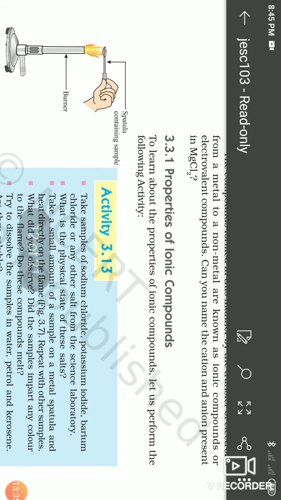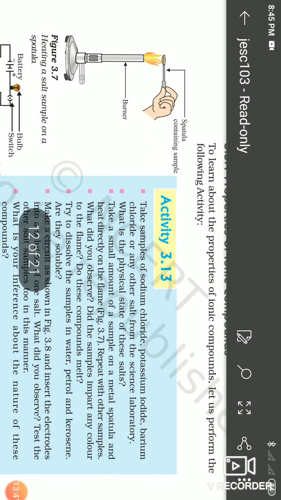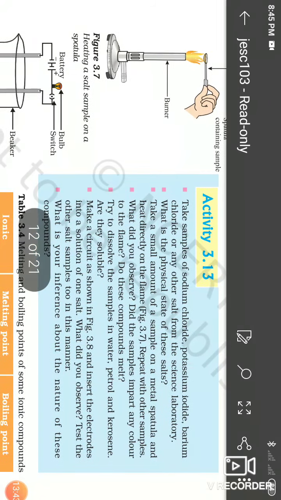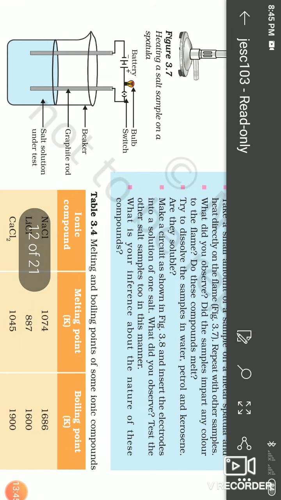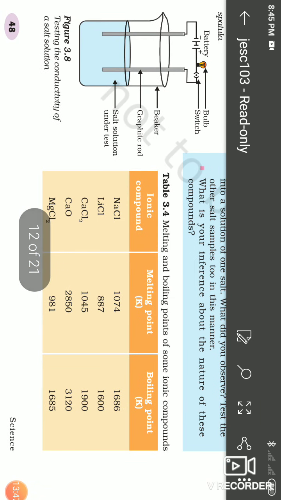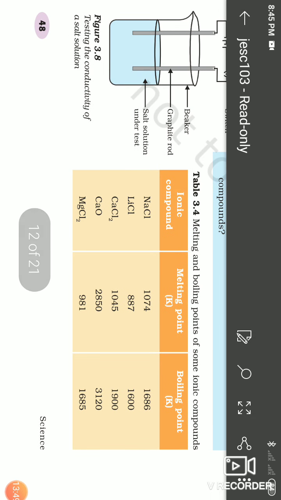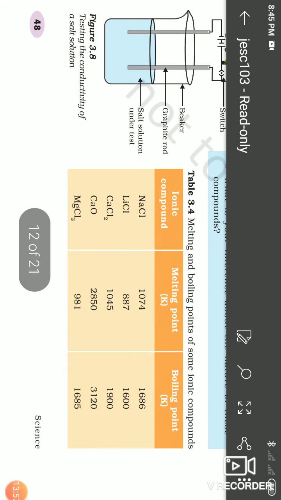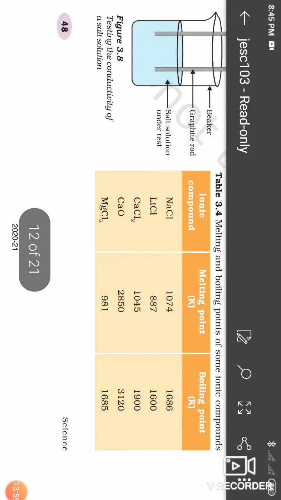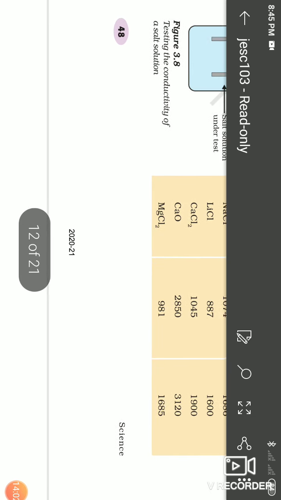Here are the properties of ionic compounds. Which are the properties of ionic compounds? Check out the melting points and boiling points of sodium chloride, lithium chloride, calcium chloride, magnesium chloride, and so on.